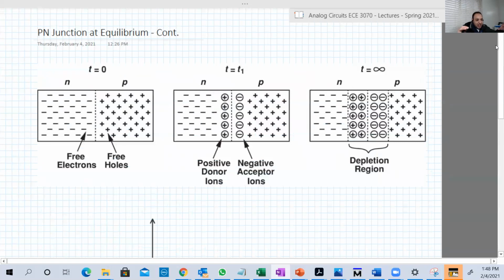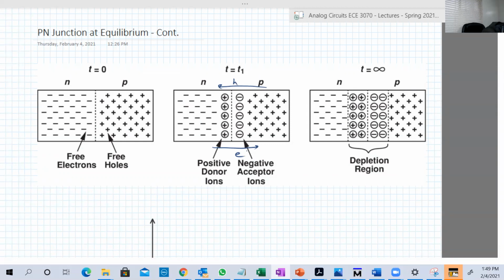If we have a time trace, at time equal to 0, you have the contact just formed. Then at some time later, some holes start to move from here to here, and some electrons start to move from here to here. So we create negative ions on the P side and positive ions on the N side.